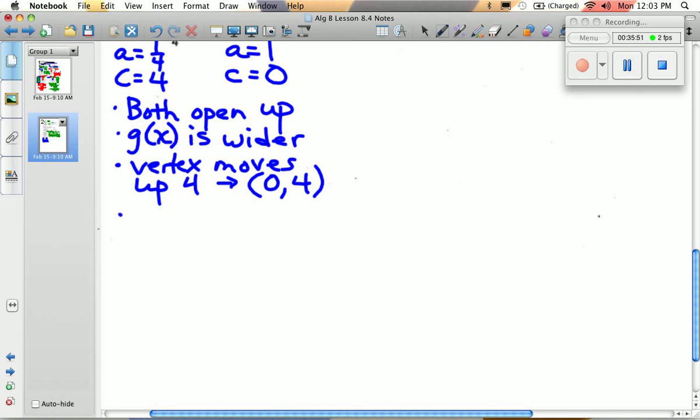I'll let you just say axis instead of symmetry. That's a lot of writing, isn't it? Axis is x equals 0 for both. We understand that we mean axis of symmetry there, okay?